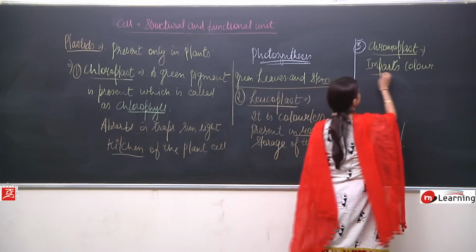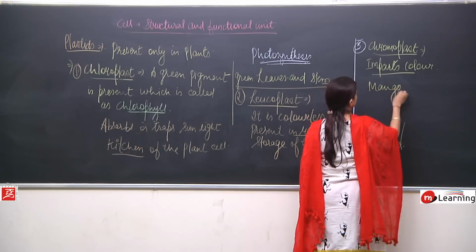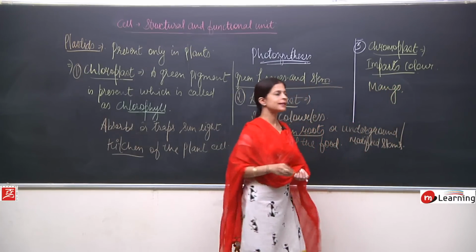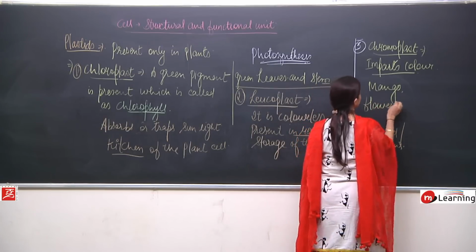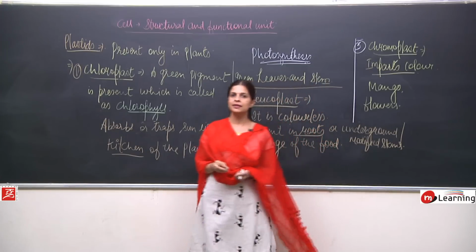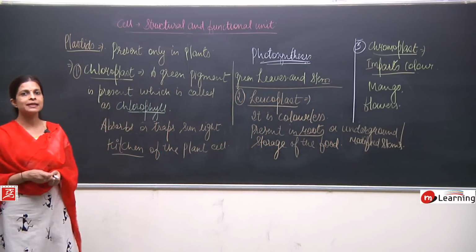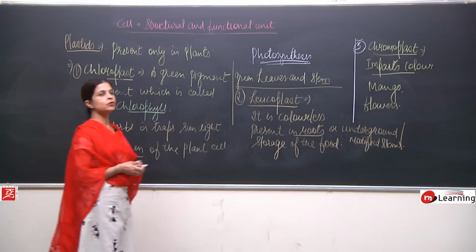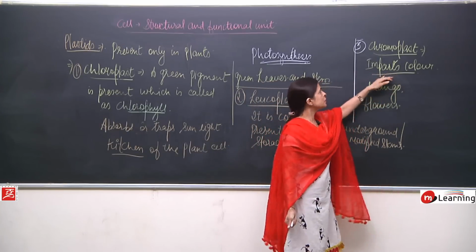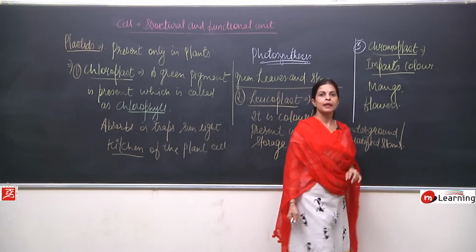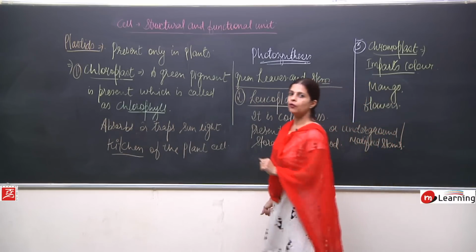It imparts color like mango, or even we can say the flowers. All these beautiful colors can be seen in the flowers and the fruits due to the presence of chromoplast.